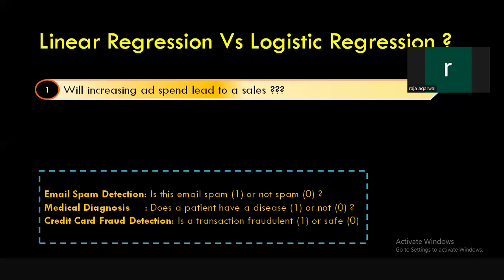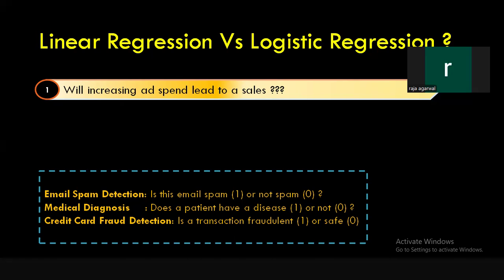What if I ask you, will increasing ad spend lead to sales? Here we are particular about the sales, how much money you have to spend in order to achieve my target sales. So you are predicting the sales, which is a continuous number. So in that case, a linear regression algorithm is used.